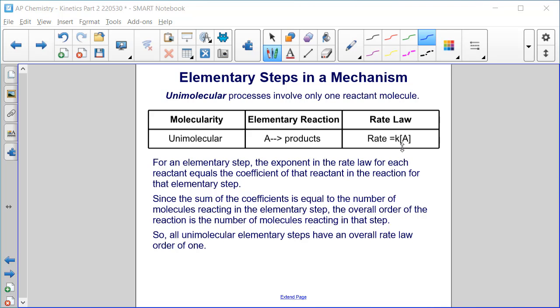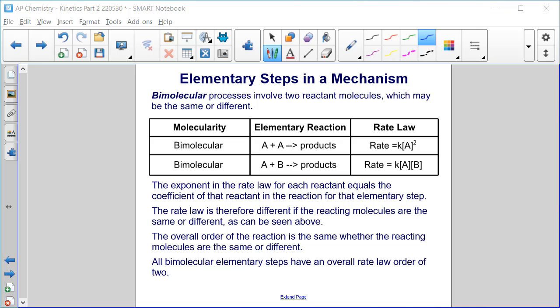Since the sum of the coefficients is equal to the number of molecules reacting in the elementary step, the overall order of the reaction is the number of molecules reacting in that step. So, all unimolecular elementary steps have an overall rate law order of 1.